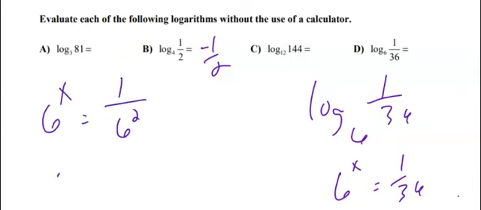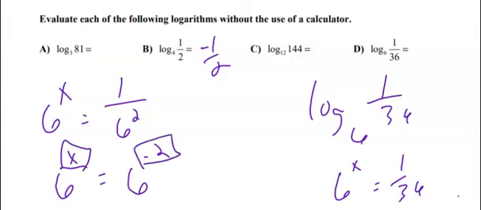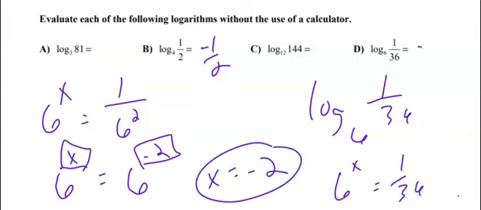And we just decided that when you have a variable on the bottom, you should call it 6 to the negative second. So you should now know that x must equal negative 2. So the answer here is negative 2. I think that was 2, and I think this was 4. That's how those work.